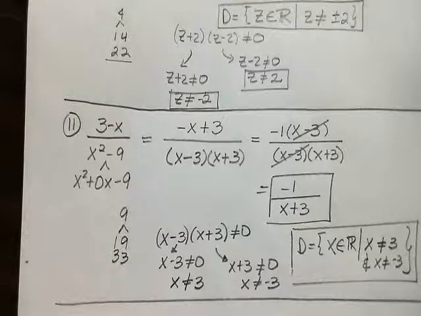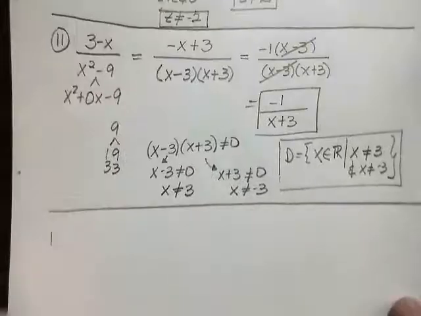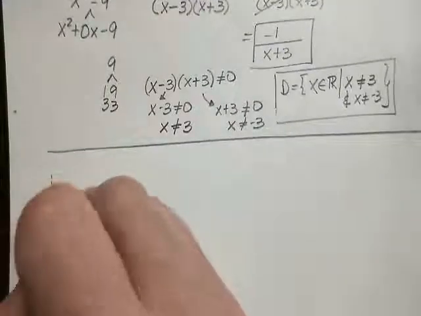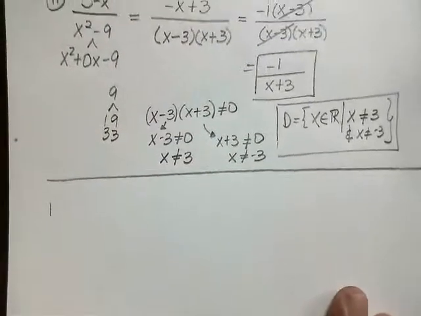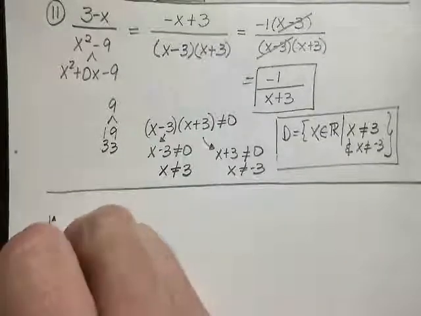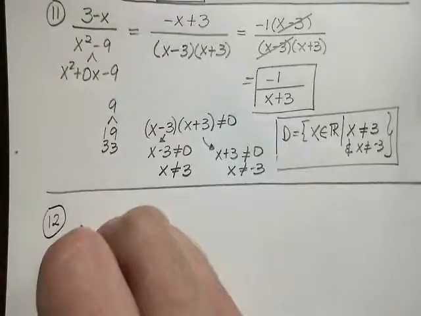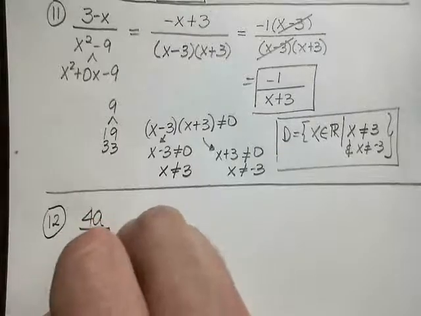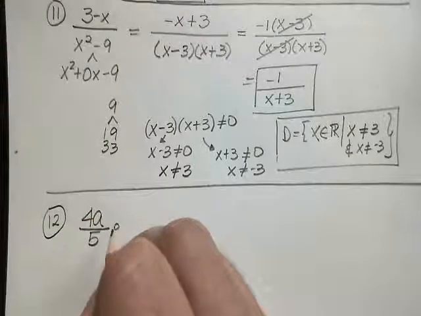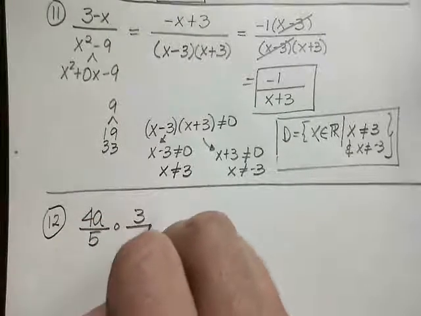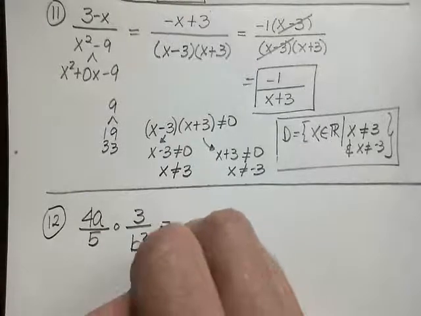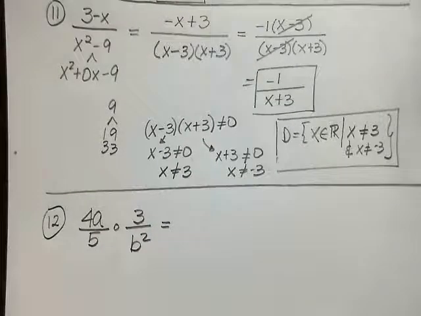Alright, let's go ahead and do problem number 12 now. Problem number 12 is 4a over 5 times 3 over b squared. First thing I ask is, can I factor anything?